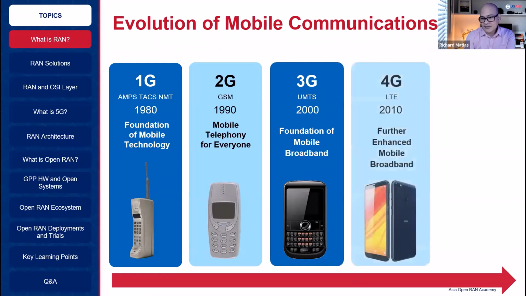And then LTE followed HSPA with improved data rates and efficiency. Now it's using a different kind of multiplexing, the OFDM, the Orthogonal Frequency Division Multiplexing, which provides wider bandwidth. Mas lumaki yung bandwidth ito. And multi-antenna technologies. Just to give an example, for 2G, the minimum bandwidth is 200 kilohertz.